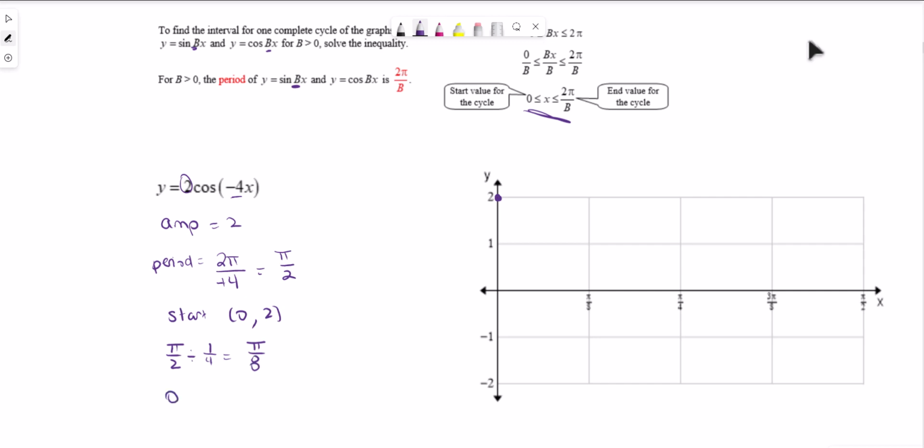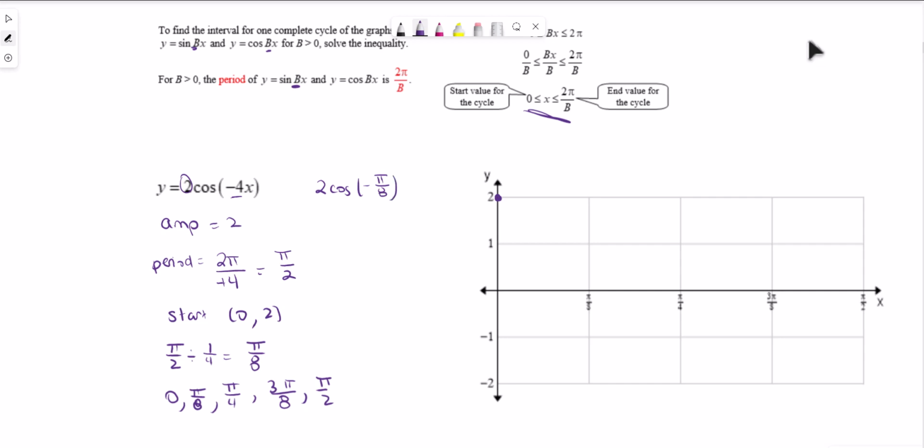So I'm going to have 0, and then pi over 8, and then pi over 8 plus pi over 8, which is pi over 4. Then I'll have 3 pi over 8, and my last one would be pi over 2. So I have my 0, 2. Then if I plug in pi over 8, I'd have 2 cosine of negative pi over 8.